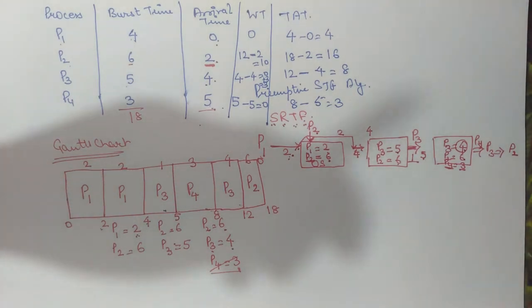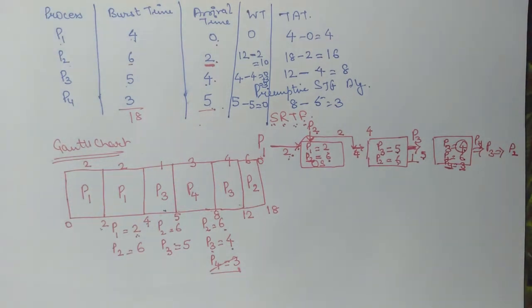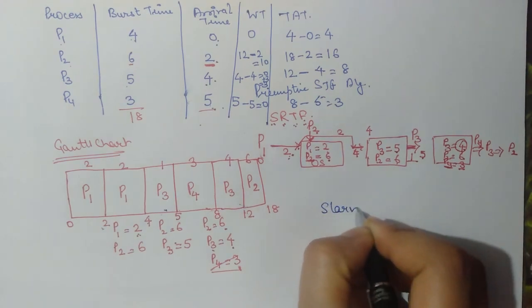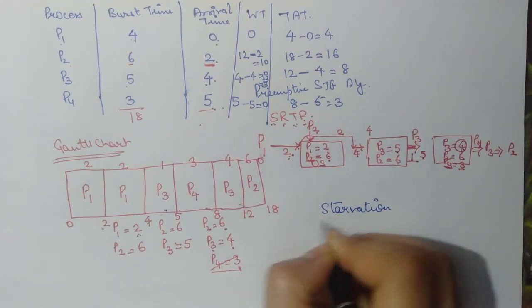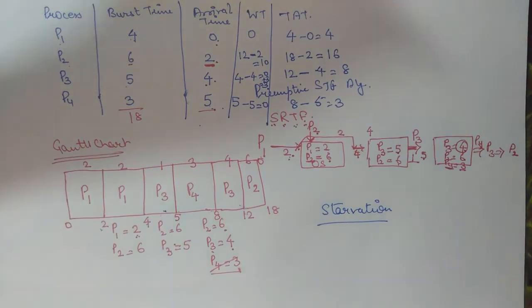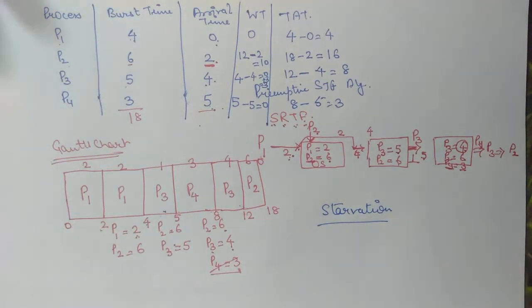But there is one problem that the operating system or machine will face in the case of the shortest job first scheduling algorithm, that is starvation. Now what is starvation? Starvation is a situation when the longest processes reside in the ready queue for a long interval because lots of shorter jobs are entering the ready queue and the operating system provides them the CPU first, and the longest process waits a long time for its turn.